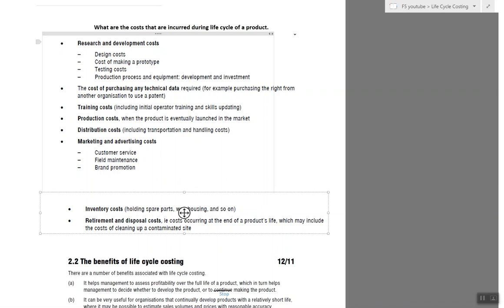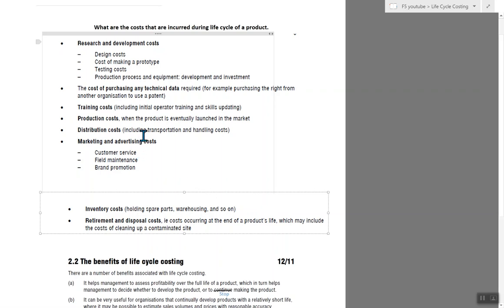So the costs that will be incurred in the life cycle of a product are research and development, like design cost, making prototype, testing cost, purchasing any technical data, as I explained, training staff into new technology, new product, production cost, distributing it to our customers, marketing and advertisement, and inventory holding.